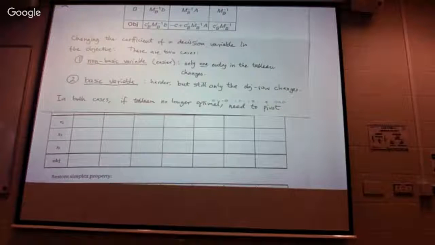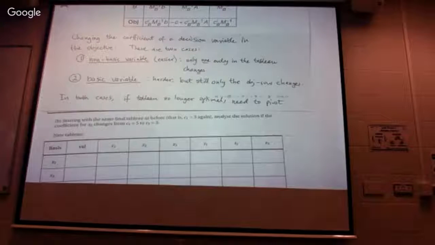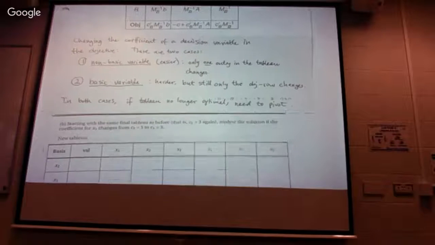But in the basic variable case it's a bit harder because in general anything in the objective row can change, because the CP dash can change. So what does the example say? The example says that C3, the objective coefficient of x3, changes from 5 to 3.